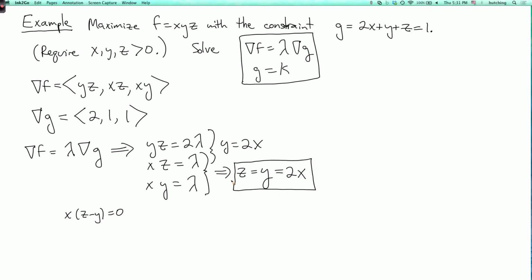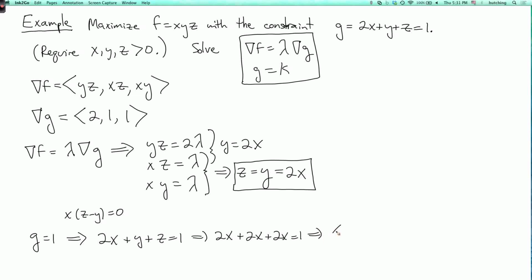But I'm not done. I haven't yet used the constraint equation, which is g equals k. So now we put in the constraint equation, g equals 1, tells us that 2x plus y plus z equals 1, and substituting in for y and z, I get that 2x plus 2x plus 2x equals 1.